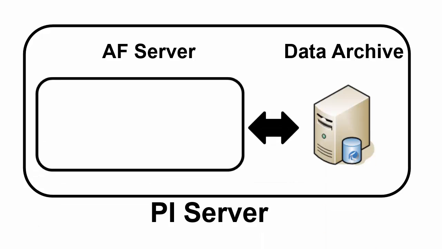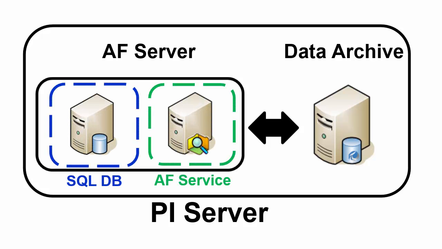PI data archive stores data into PI points, and the AF server takes those points and organizes them into assets. The AF server itself is composed of two parts, the SQL database backend and the AF server service. For our upgrade, our order will be first install the SQL server, then the AF server, and finally upgrade the PI data archive. So let's go back to our documentation.